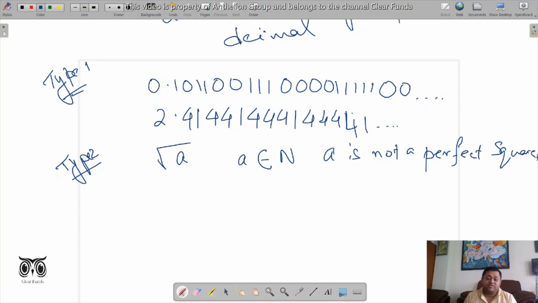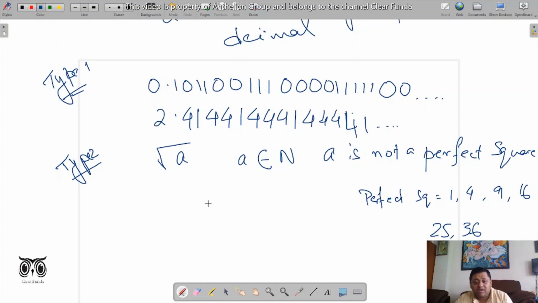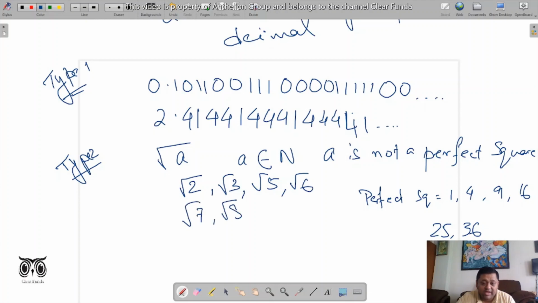जैसे फॉर एग्जाम्पल, what are the perfect squares, अगर आप देखोगे तो हम लोग बोलते हैं 1, 4, 9, 16, 25, 36, these are perfect squares. So अगर इनको छोड़ के आप कोई भी नेचुरल नंबर ले लो और उसको यहाँ पे डालो तो फिर वो आपका is an irrational number, like root 2, root 3, root 5, root 6, root 7, root 8.